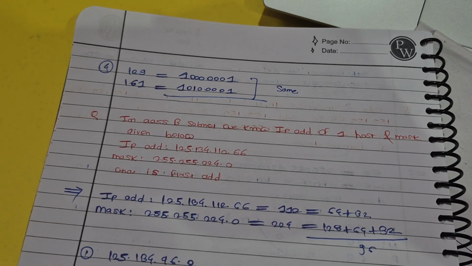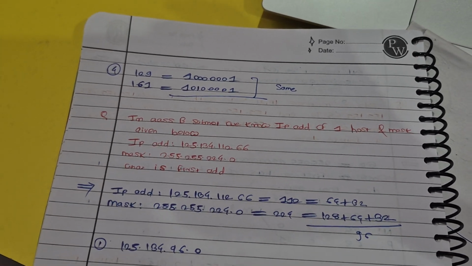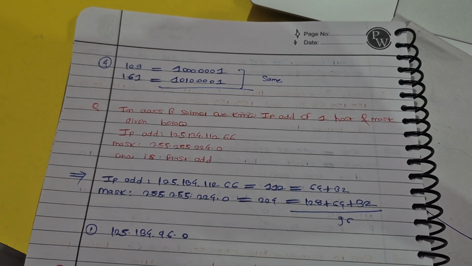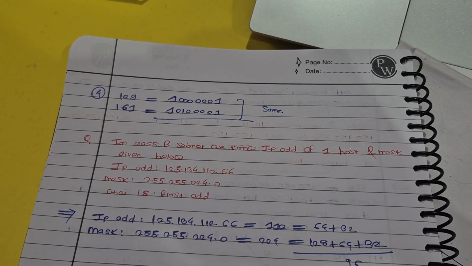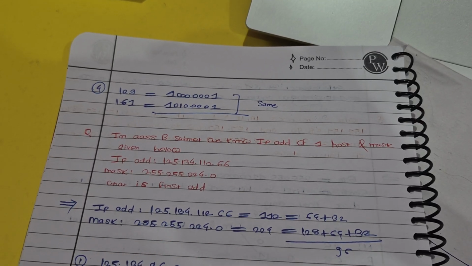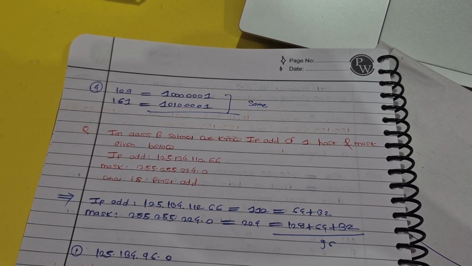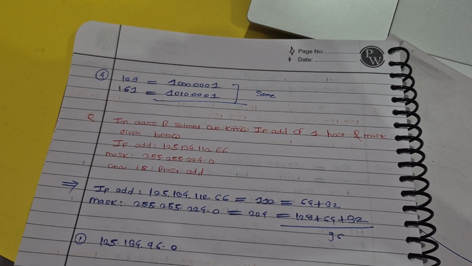You just need to take the help of 128, 64, 32, 16, 4 and so on bits, and see what is common in these two binary numbers. 112 is represented using 64 plus 32, and 224 is represented using 128 plus 64 plus 32.